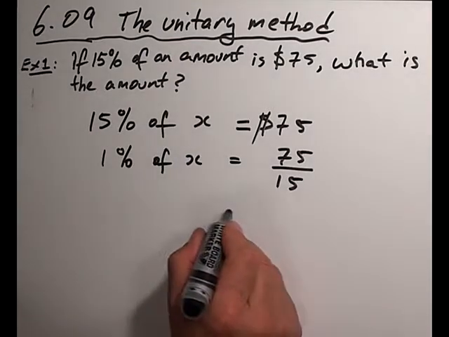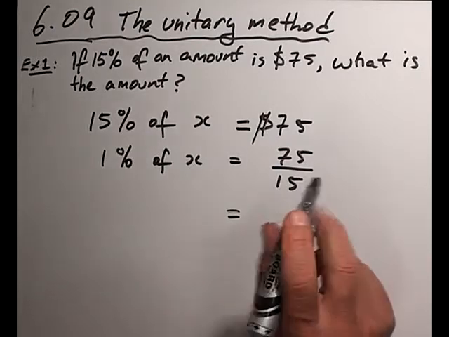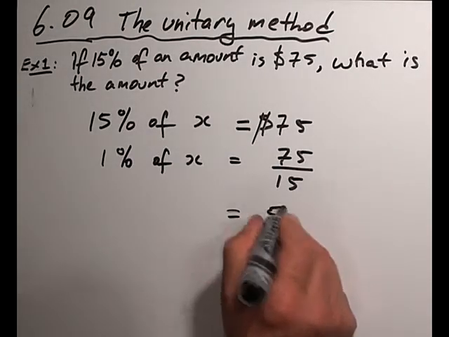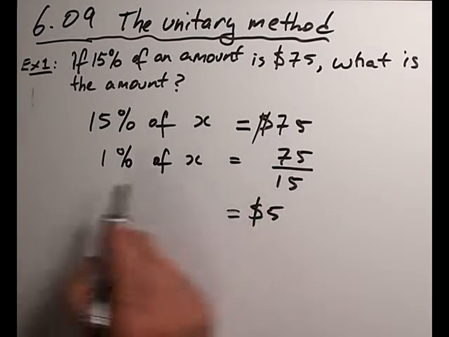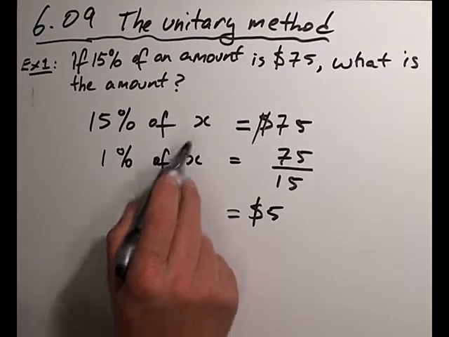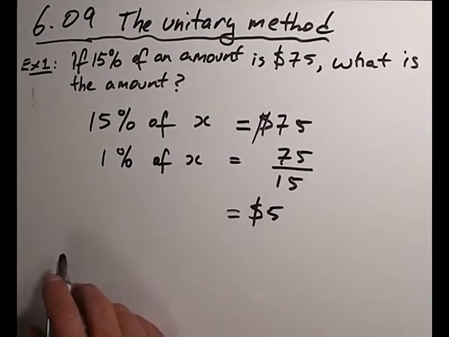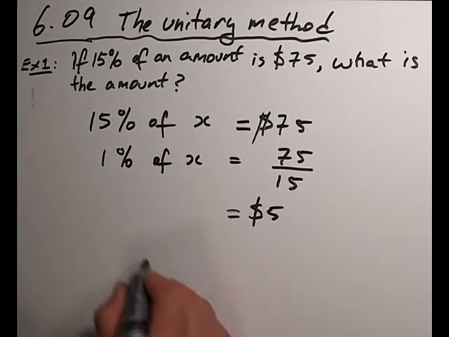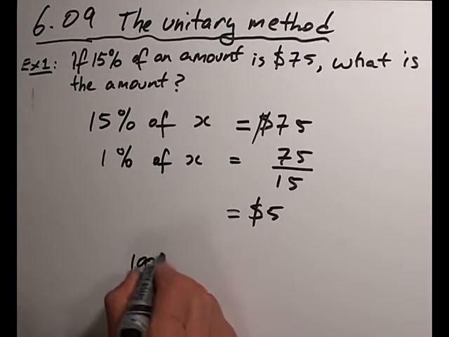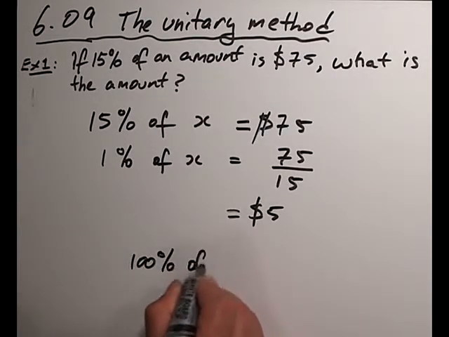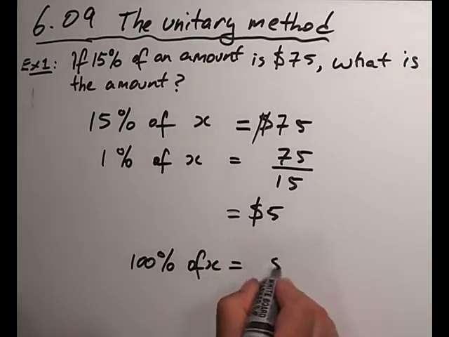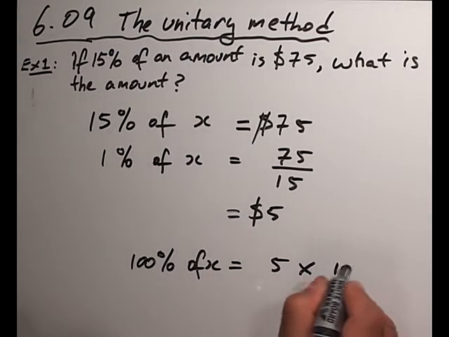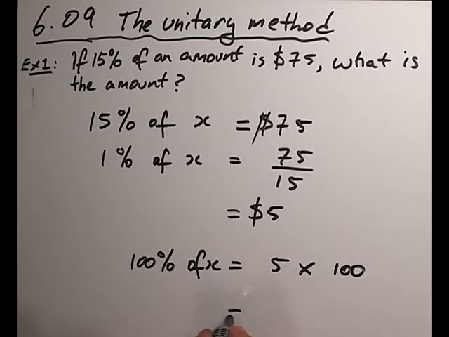That works out to be $5. So that means 1% of that amount is in fact $5. If I know what 1% is, now I can work out what is 100% of X, which is going to be the $5 times 100. And that, of course, is $500.